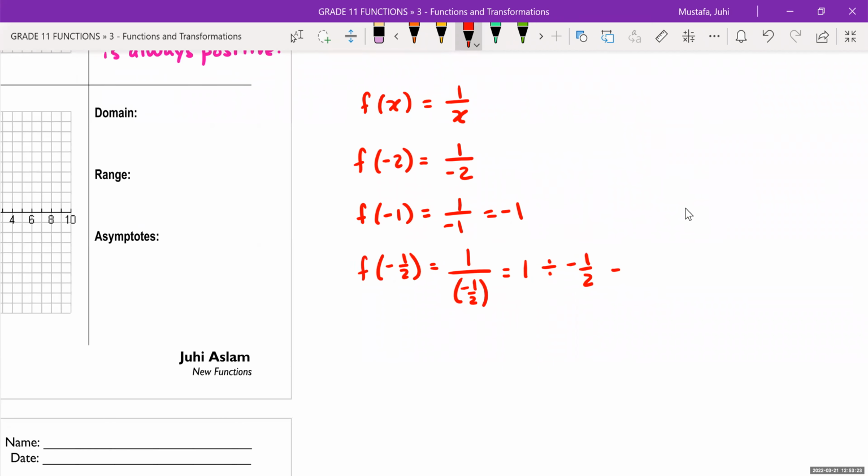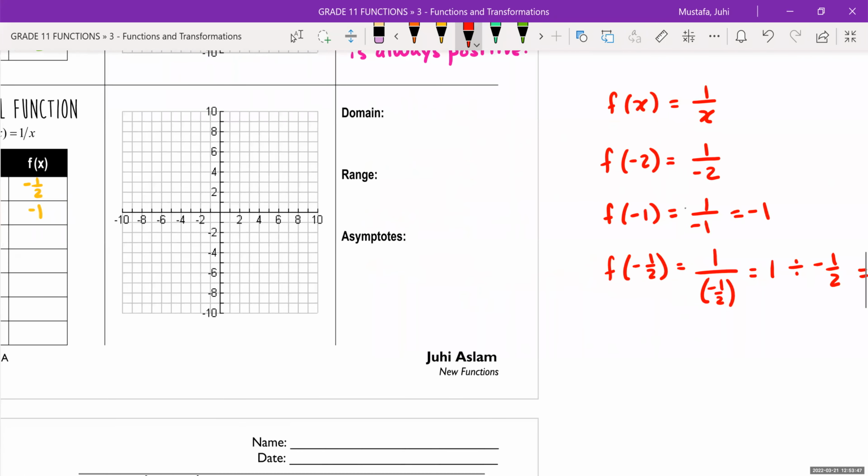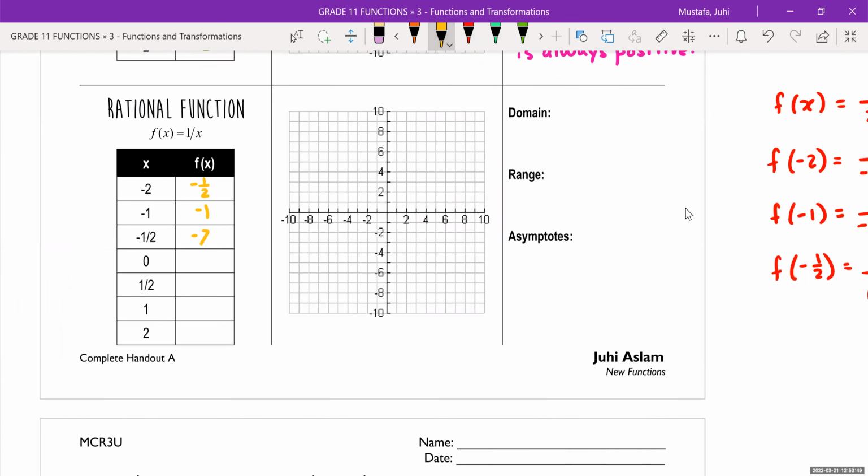And that's the same as 1 times -2 over 1, which is going to simplify to give us just -2. Now, you don't have to show any of this work. We're going to do it so many times that you'll end up memorizing it. But if you wanted to know how we get that answer, it's this way. We put a fraction of the denominator, take the reciprocal, and you end up getting -2. So over here, we're going to have -2.